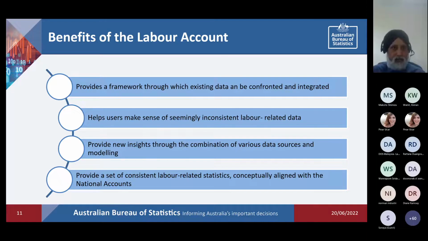It also helps users make sense of seemingly inconsistent labor-related data, which are often based on different reference periods, populations, definitions, and methodologies. So you're basically trying to do the work for the users in addressing those differences and putting it on a coherent framework through the labor account.